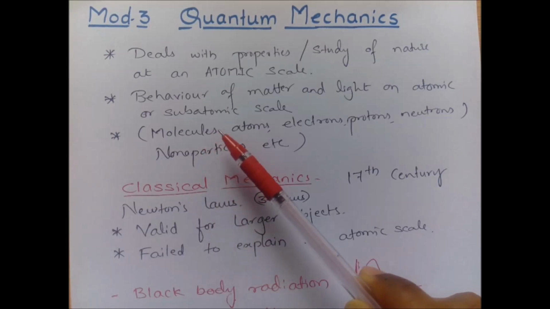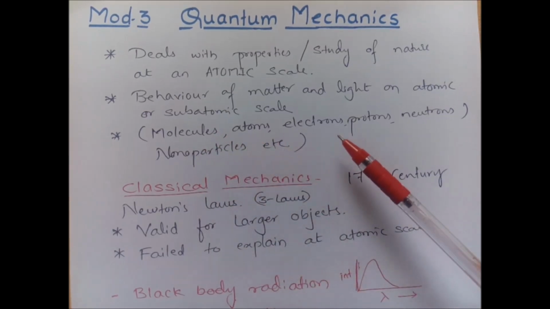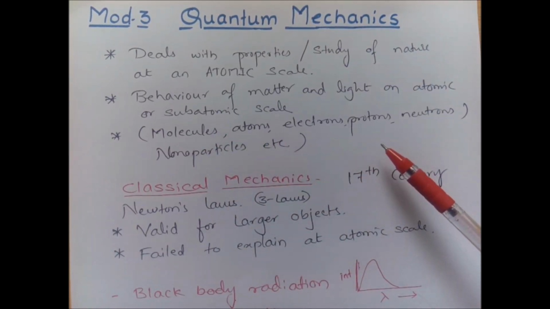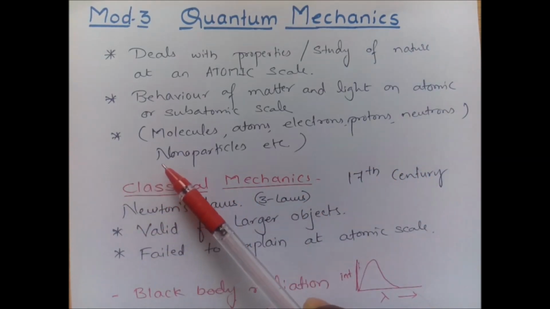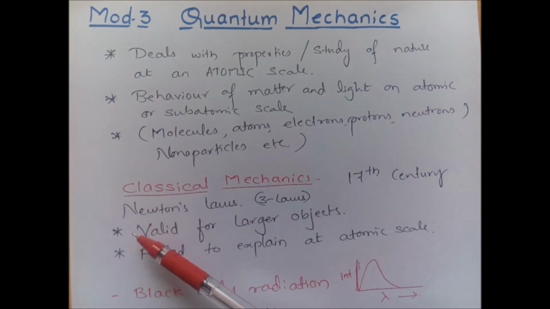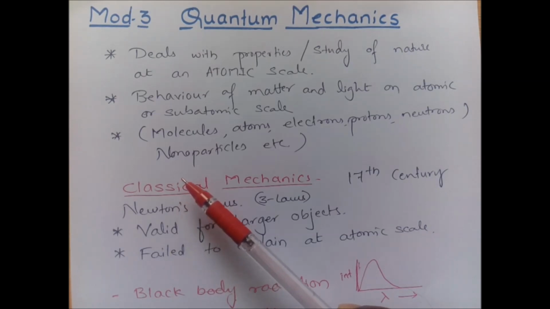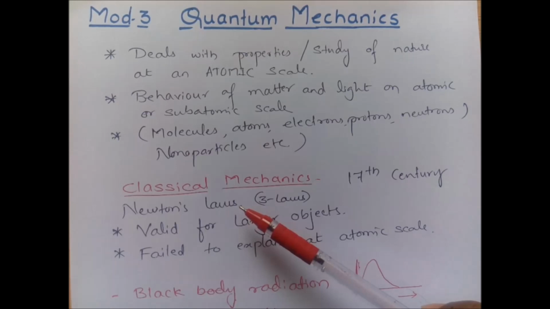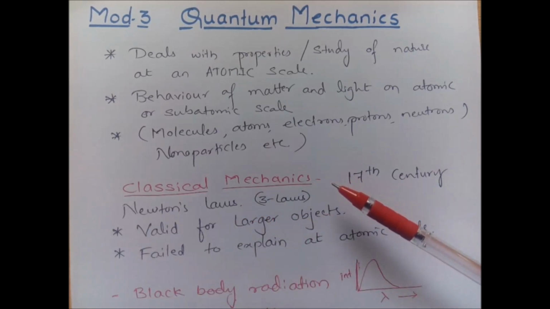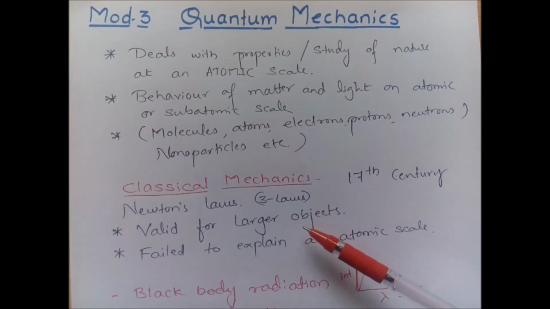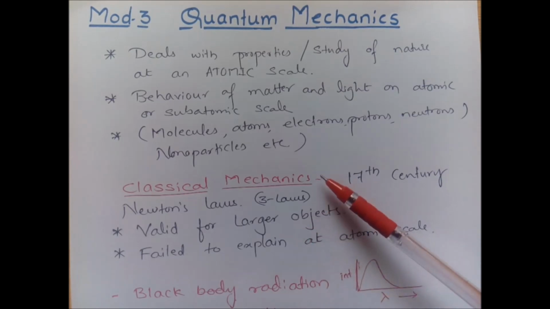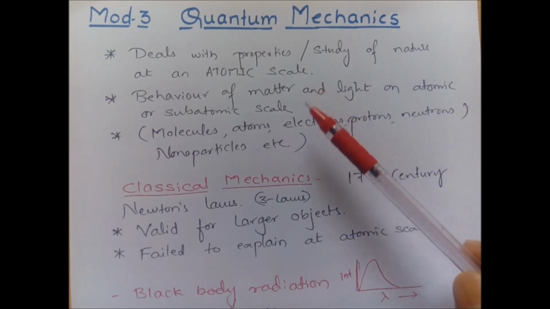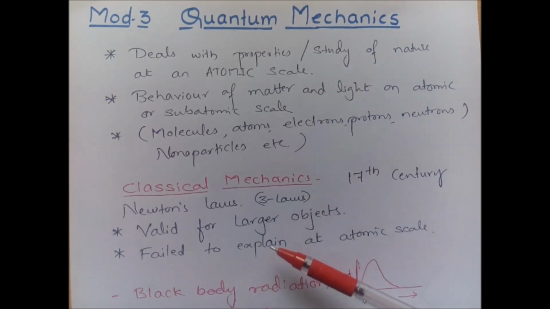Atomic or subatomic scale is nothing but electrons, neutrons or protons, molecules, or nanoparticles. We study what the momentum is, what the mass is, what happens when we irradiate light onto it, what the transition from lower energy levels is, and what the energy levels are. These all come under the quantum mechanics topic.